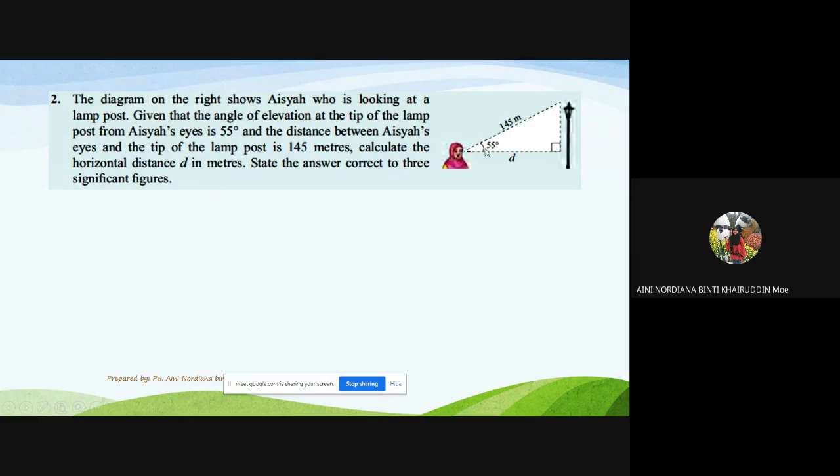Given that the angle is 55 degrees, and you want to find D and the hypotenuse, this D is the adjacent side, so you can use cos. Cos 55 equals adjacent over hypotenuse.